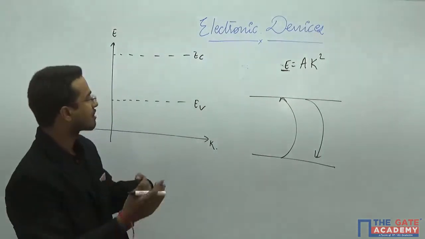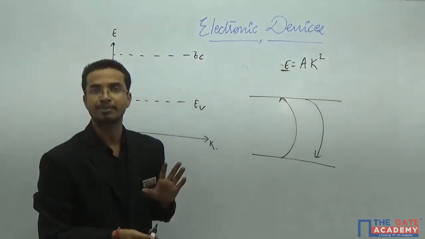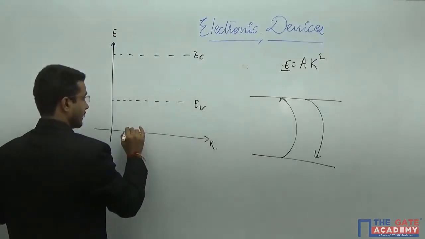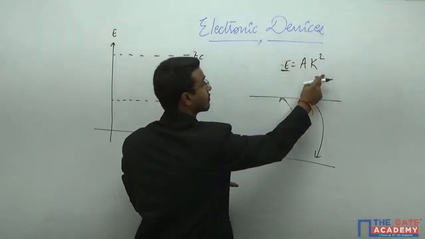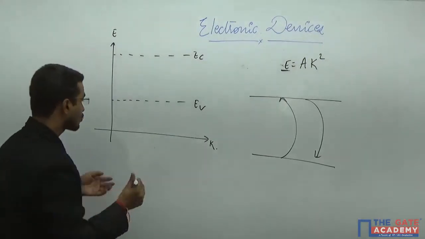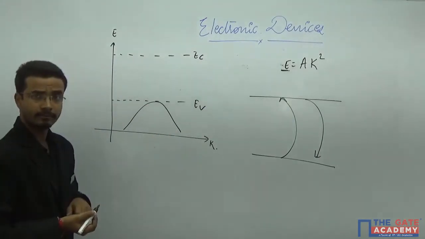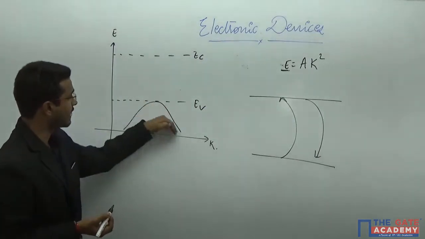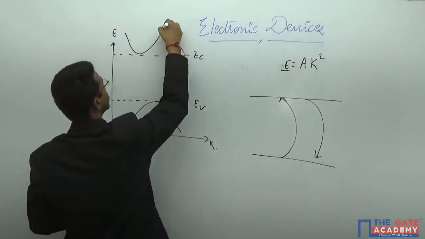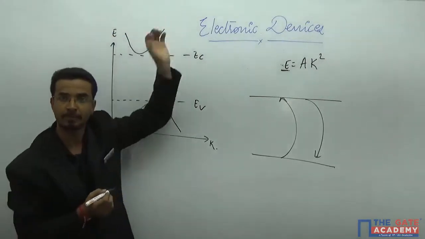So we will try to characterize this into two types on the basis of recombination. Firstly, you have seen that the energy and the momentum have a parabolic relation. So I am saying this like this. This is the EK diagram, the energy of the hole in the valence band. Similarly, you will see the EK diagram, that means the energy versus momentum of the electron in the conduction band.